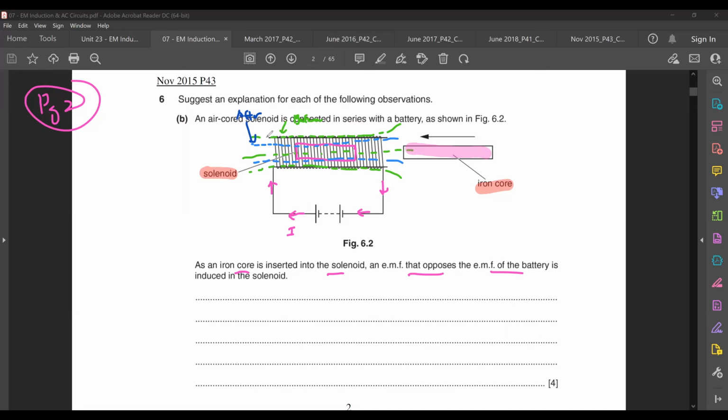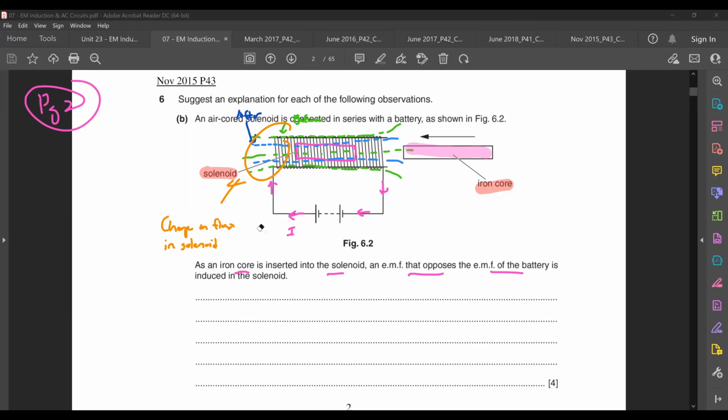Now you see here, once you inserted the iron core inside, you're going to cause a change in flux in the solenoid, right? Change in flux linkage or change in flux of the solenoid, right?